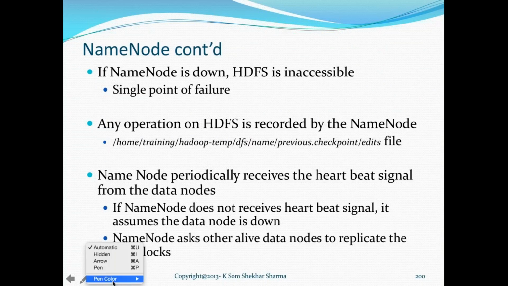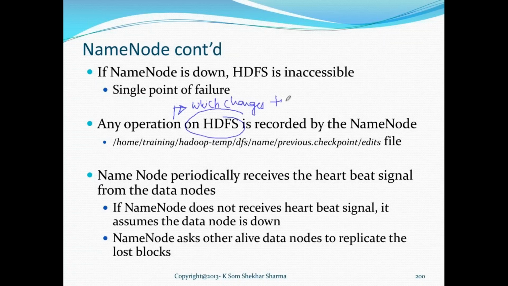So this is what I'm trying to make you understand, that any operation which changes the state of HDFS is recorded by the name node, and it is done in the edits file. Examples like put operation, of course it will change the state of HDFS.